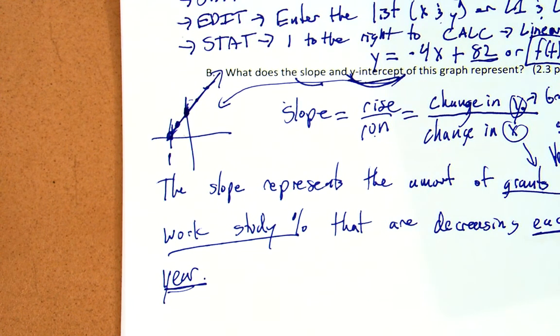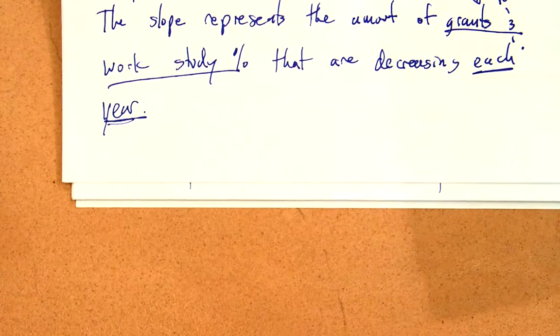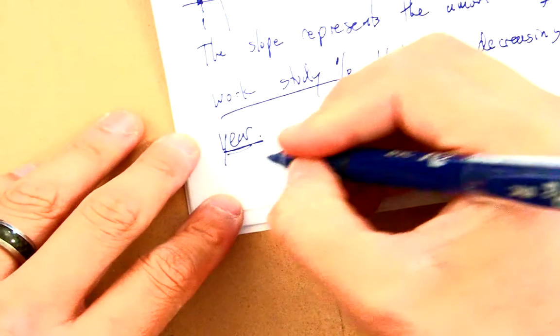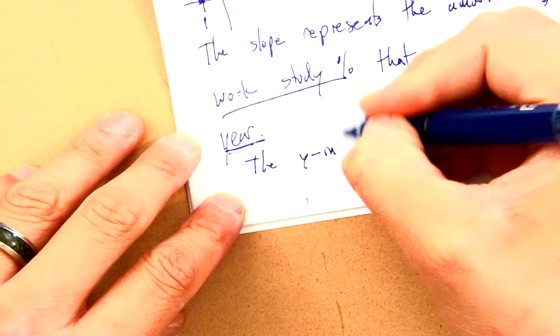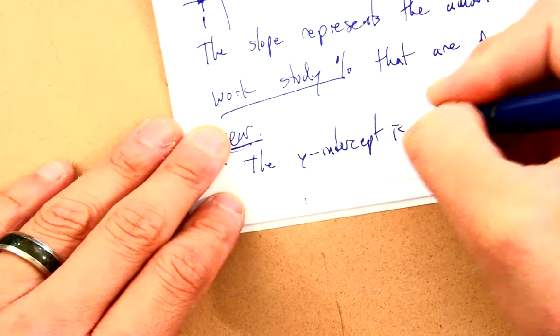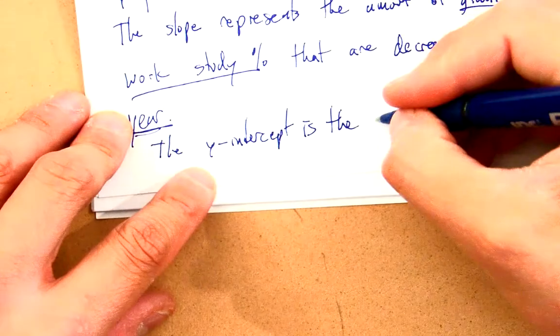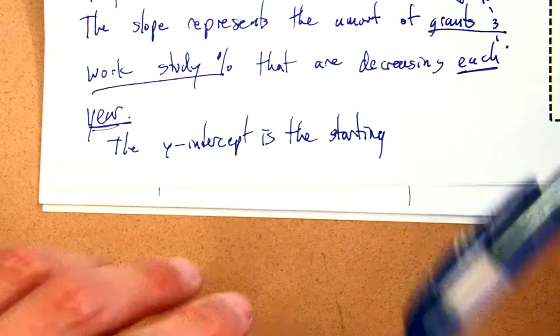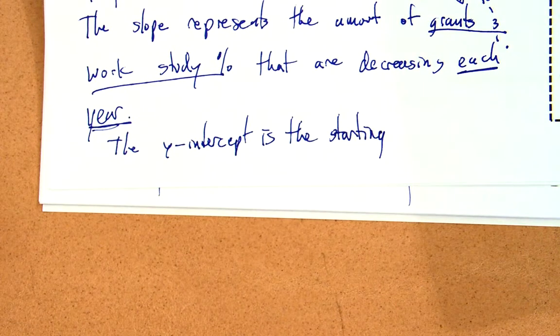Okay? So the y-intercept is the what? The starting point of what? What does our starting point represent? What happened that year? No, that's good.